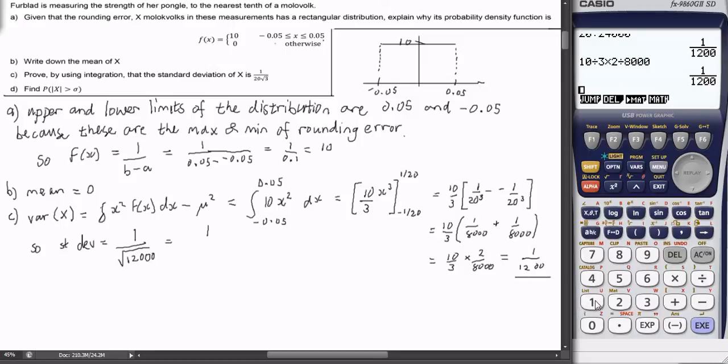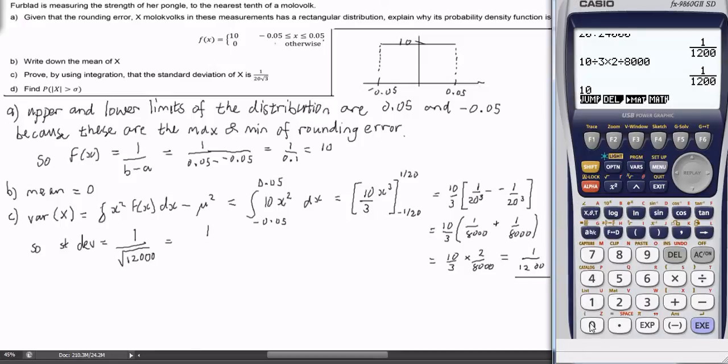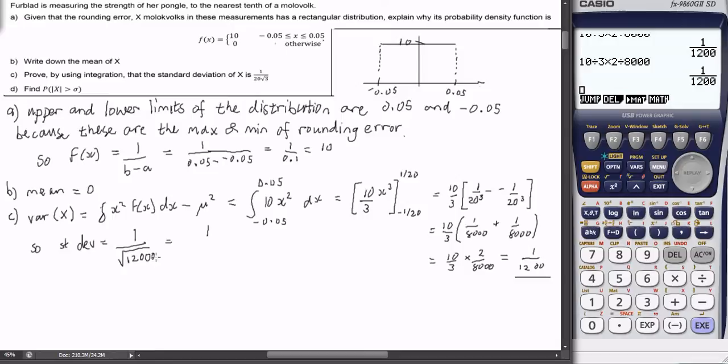So on my calculator we've got 10 over 3 multiplied by 2 over 8,000, and if I convert that to a fraction I get 1 over 1,200. So here it's 1 over 1,200.